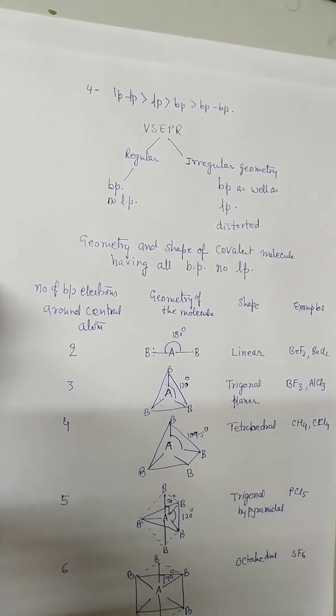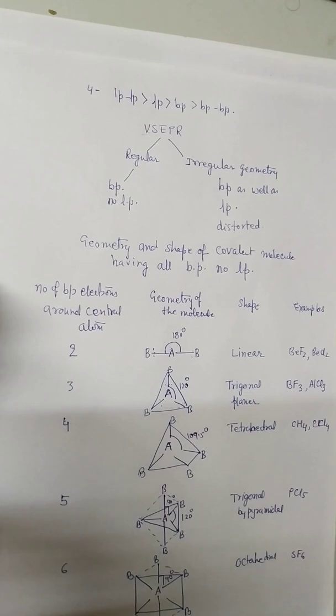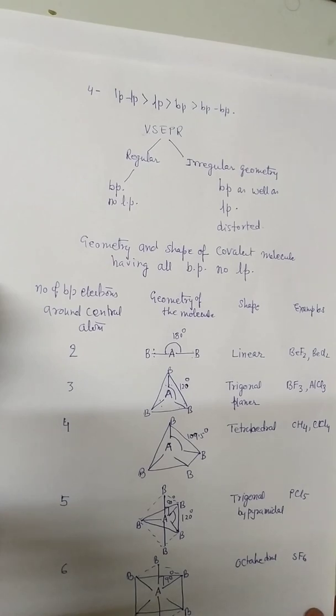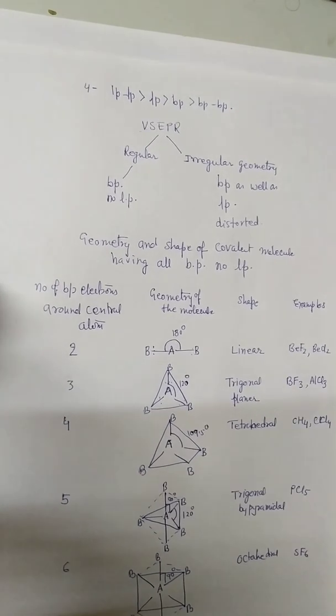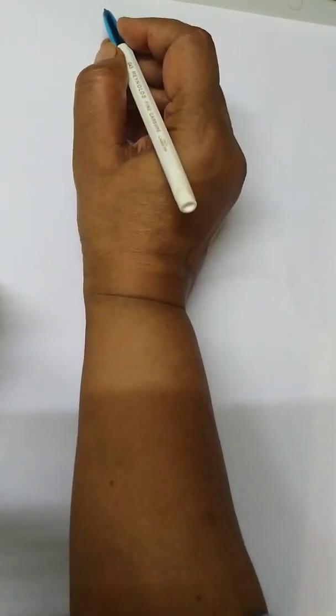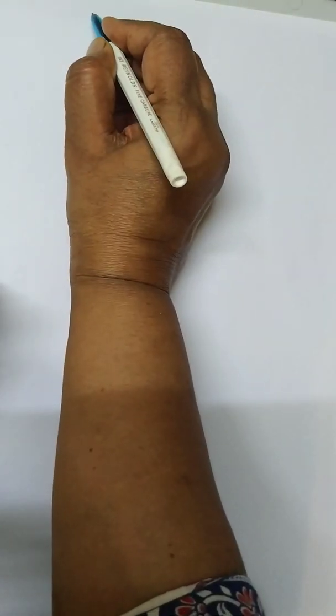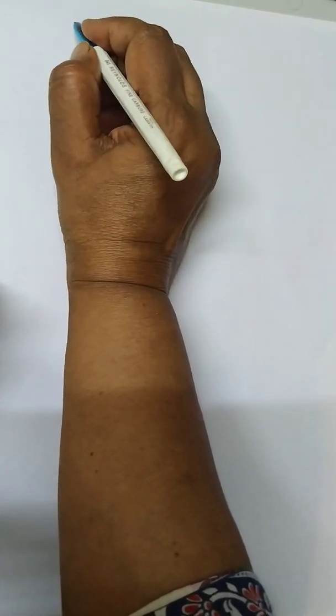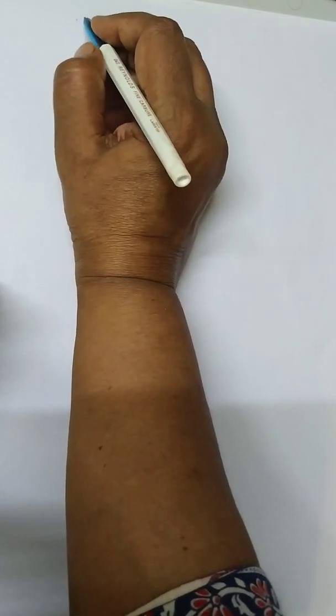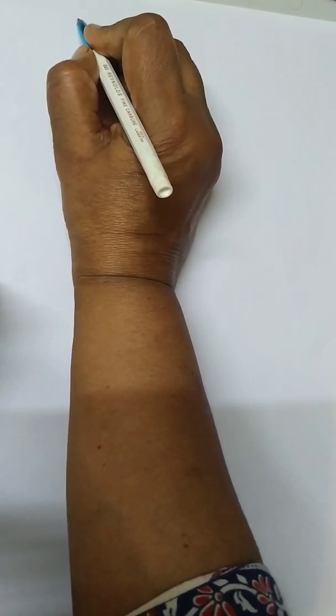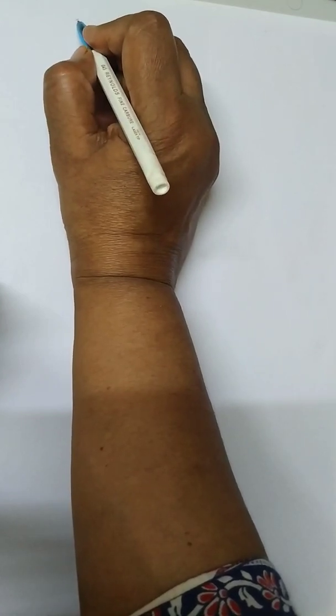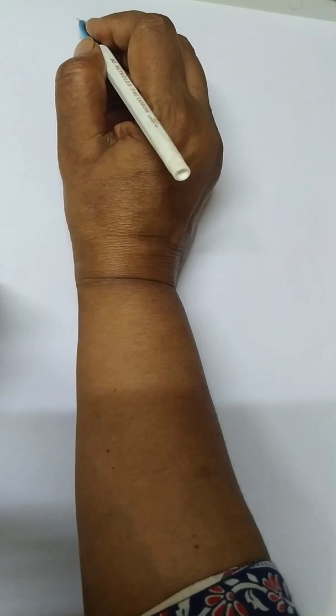These are the cases in which only bond pairs surround the central atom. No lone pairs are around the central atom, and they give rise to the geometry like this. Now I will take some examples of the cases in which the central atom has lone pairs. Depending upon the lone pairs and bond pairs, they have different geometry.